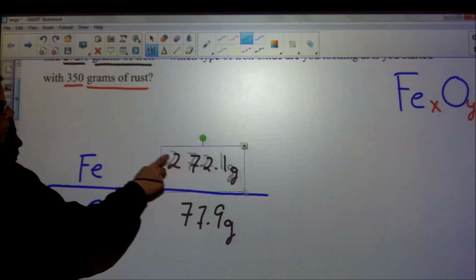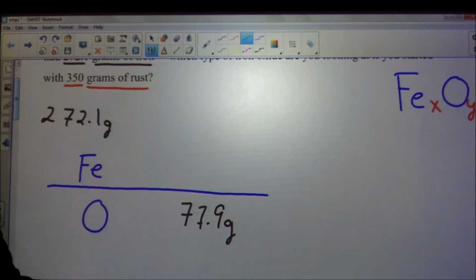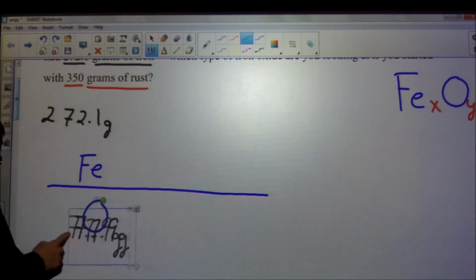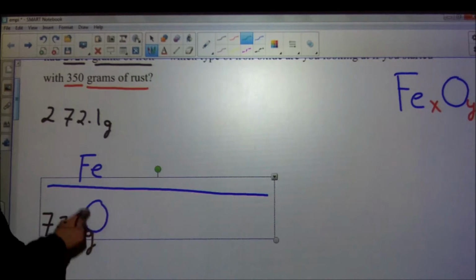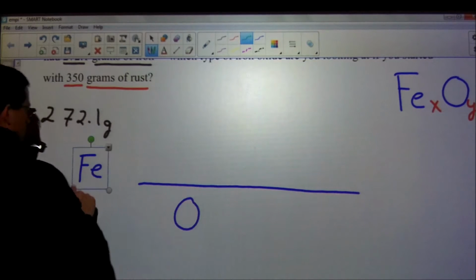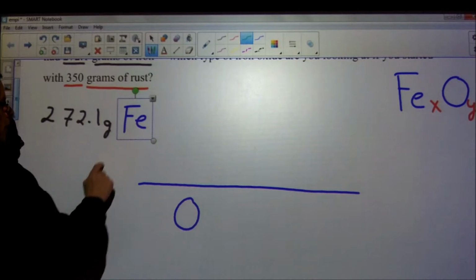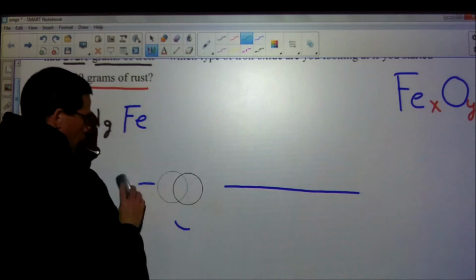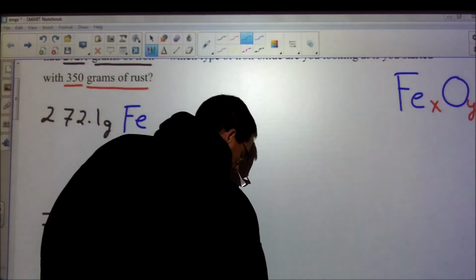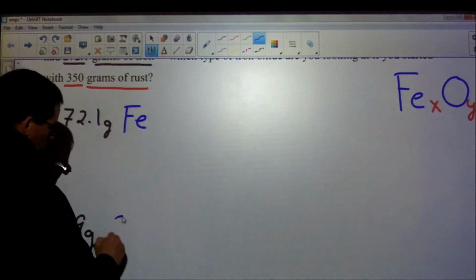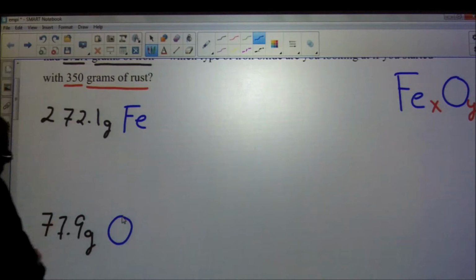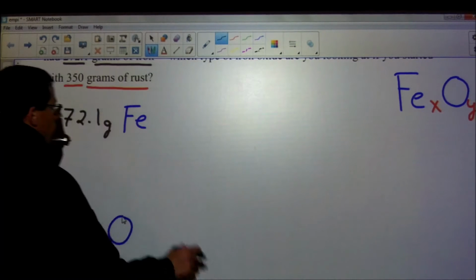Also, we can move this up here, and we'll move this down here. It looks like this is going to have to be erased, unfortunately. All right, so we have our oxygen, and so let's go ahead and find out how many moles.